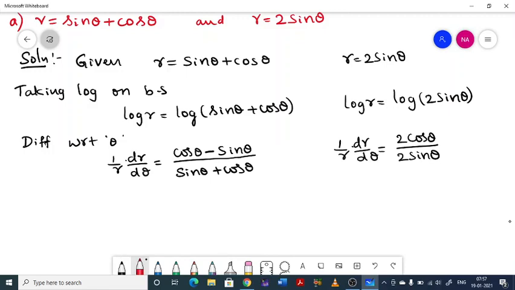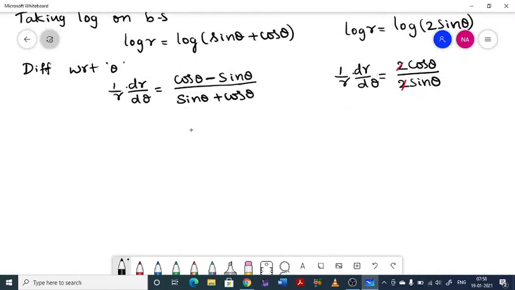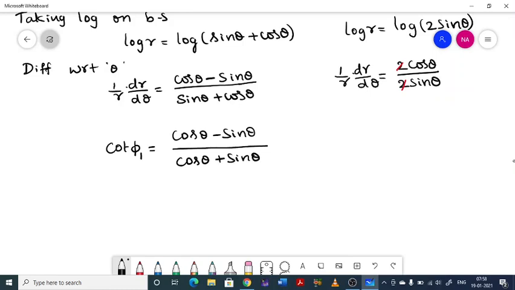So your 2 gets cancelled, and I can rearrange terms in the first one as cot phi 1 equal to cos theta minus sin theta divided by cos theta plus sin theta, right? And this side cot phi 2 equal to cot theta.